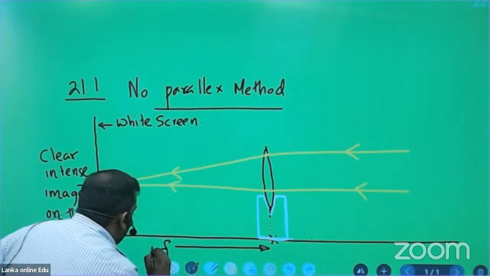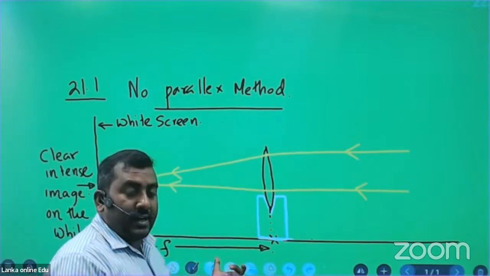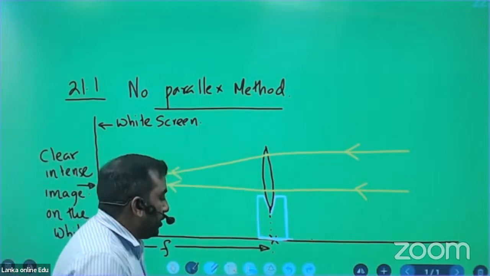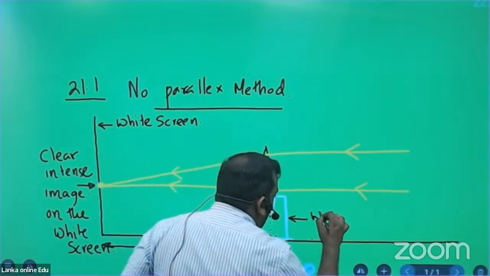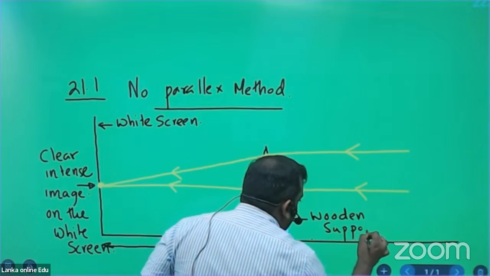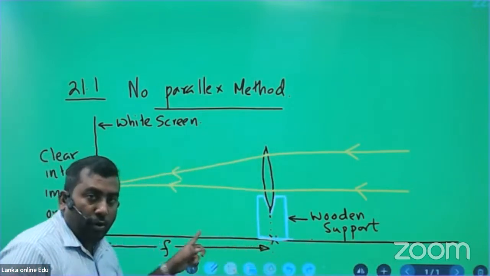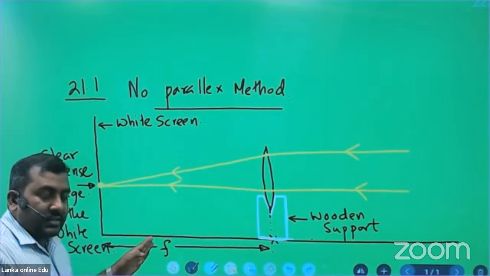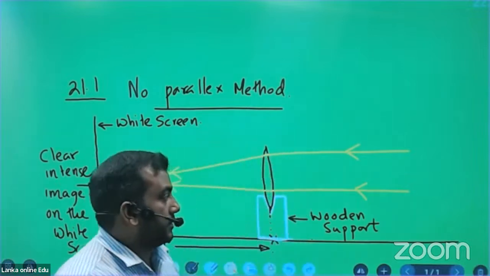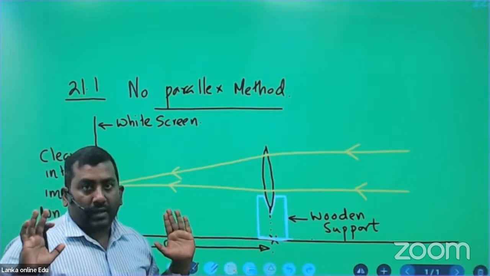That distance, F, from the midpoint of the wooden support to this particular point, is your approximate focal length. Right, so now you know the approximate focal length.